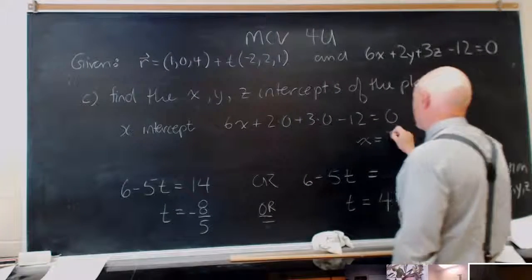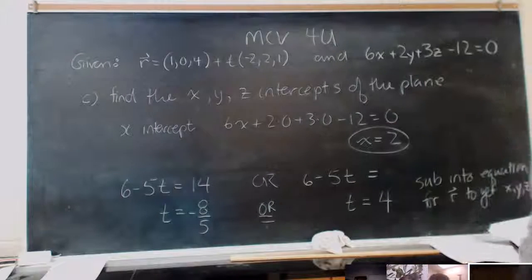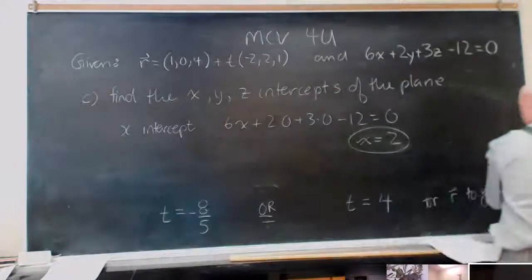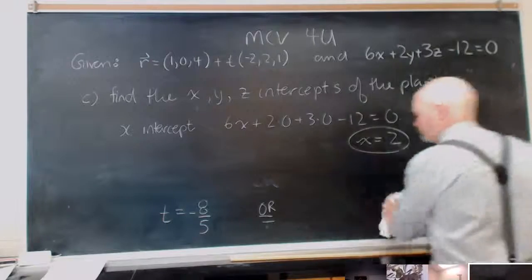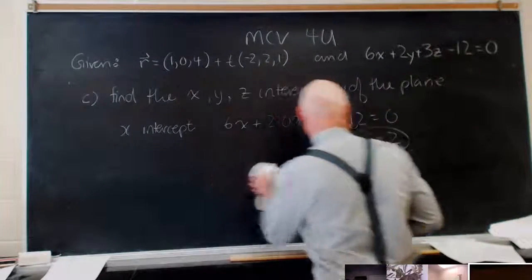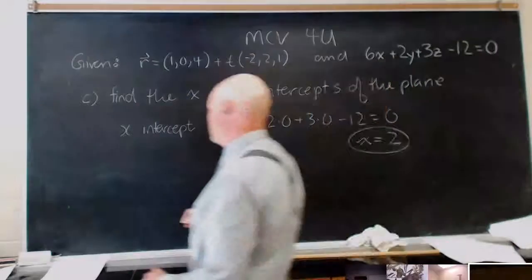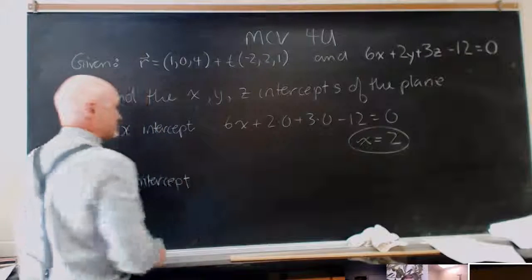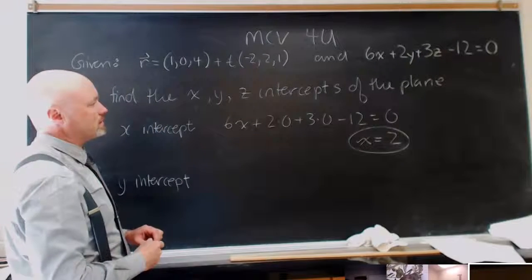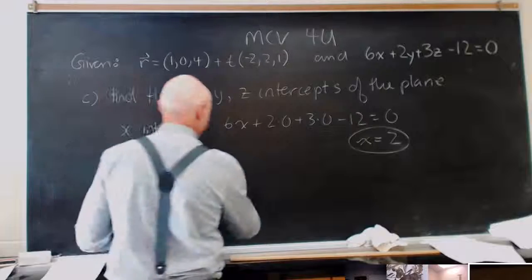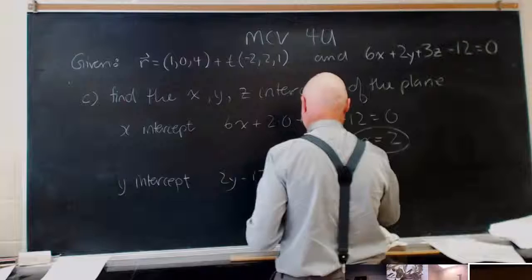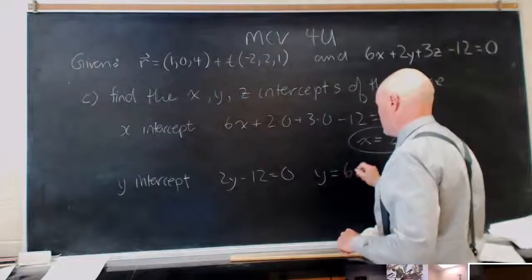So x is 2. That's my x-intercept. So the y-intercept, and actually, you can almost just basically look at it. 2y minus 12 equals 0, so y is 6.